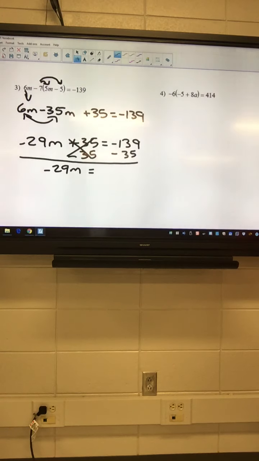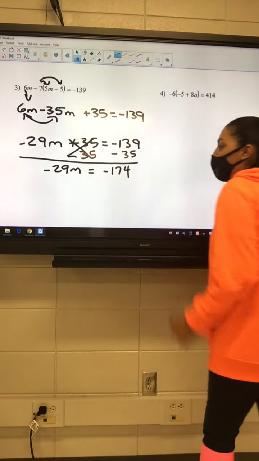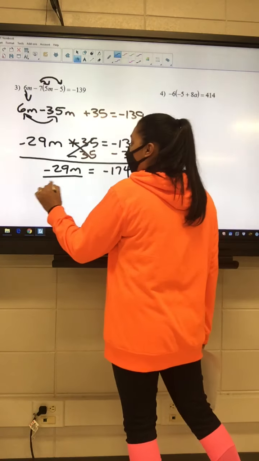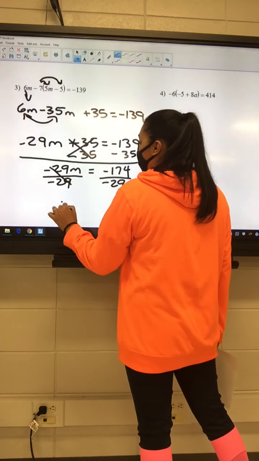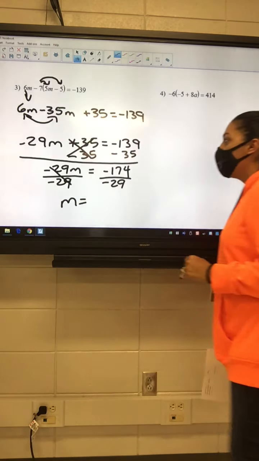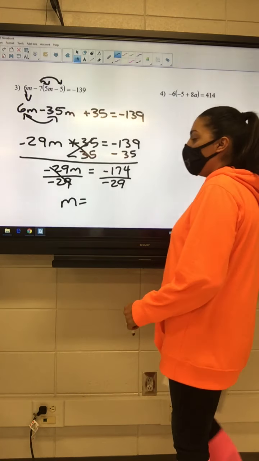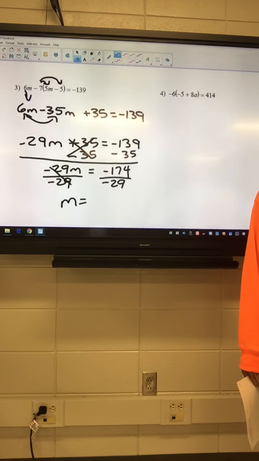Negative 139 minus 35. Negative 174. Okay, what's our last step? Divide. So I got m equals negative 174 divided by negative 29. Mine says 6. Positive 6?